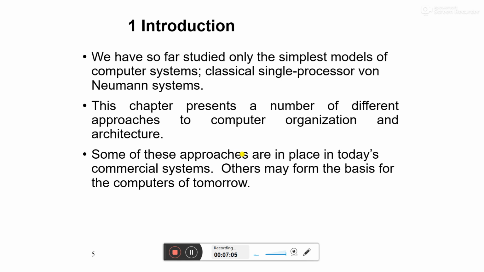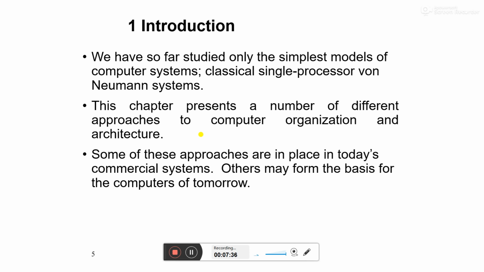So this is an introduction. We have so far studied only the simplest model of the computer system, classical single processor von Neumann systems. In this chapter we will present a number of different approaches to computer organization and architecture: alternative architectures, parallel computing systems, neural network systems, and data flow computing systems.